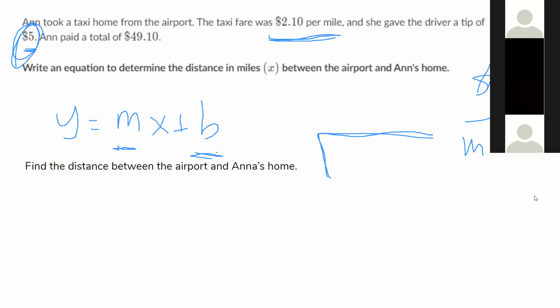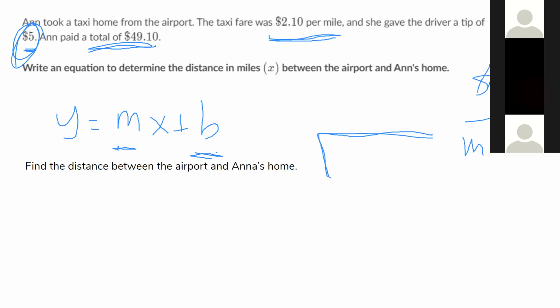And then the total, we're not going to use that when we're writing the equation. That's just what we're going to plug in at the end for this part. You can also look at it as the $2.10 per mile being the number right in front of your variable.